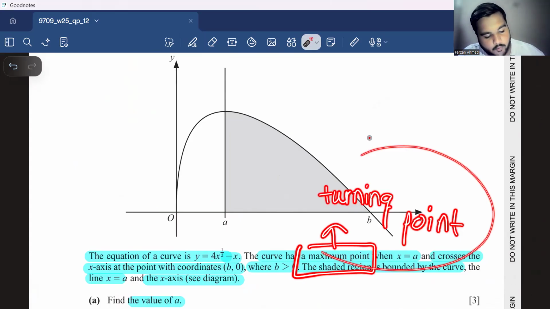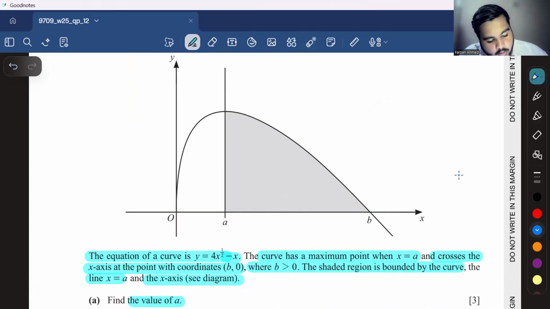So where is the turning point of the graph? Here is the turning point. So this is a stationary point. Here the points are b comma 0, and here it is 0 comma 0.